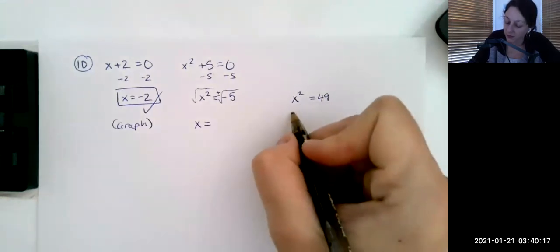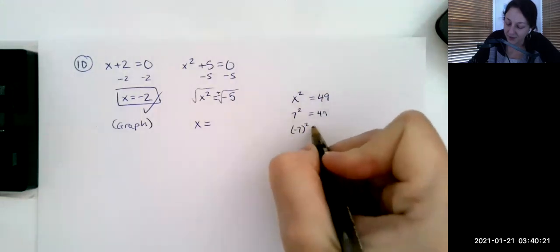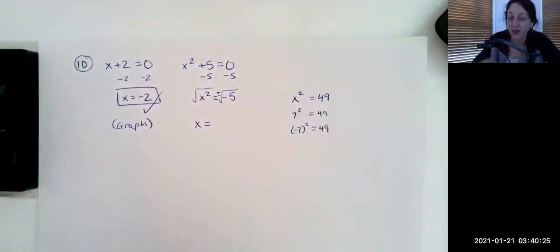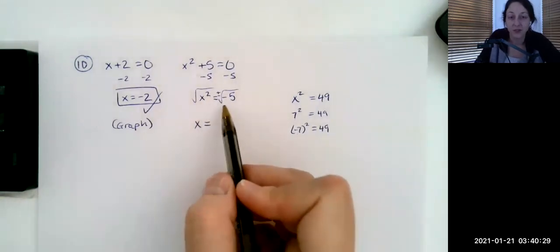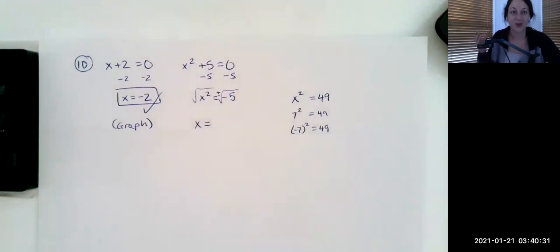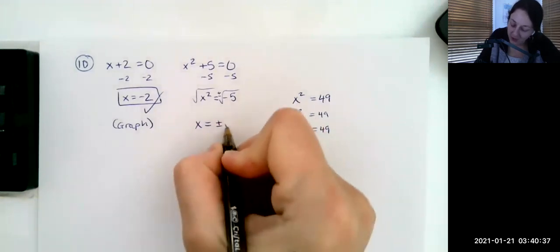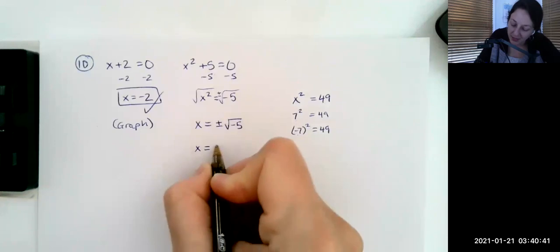Well, 7 squared gets you 49, but so does -7 squared. So regardless of it being positive or negative, it still got you 49, which means when you solve, you don't know which one it was, so you have to say it could have been both. So we put plus or minus the square root of -5.